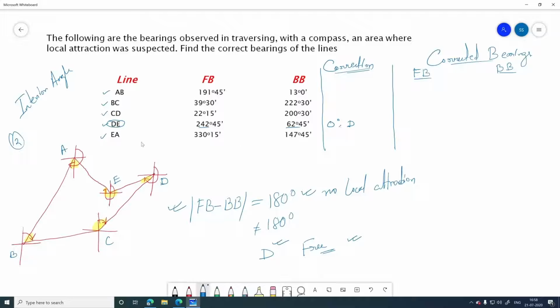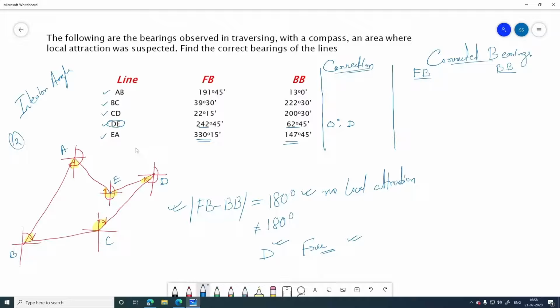Now coming to EA. We are considering this point E. At this particular point E there is no correction required, because the forebearing of EA, that is 330 degree 15 minutes, is correct, but the back bearing is not correct.